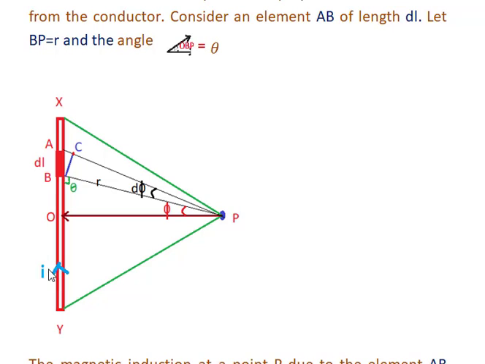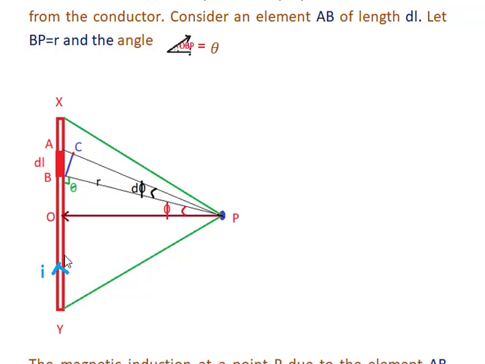Now we are going to select a point. We can select it anywhere in this area. Suppose we select the point P here, at a perpendicular distance from the conductor.